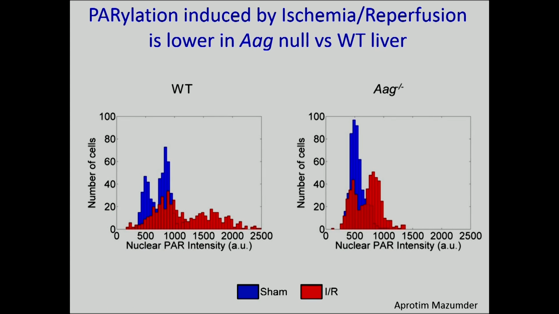And in fact, if we plot this a different way, looking cell by cell, it's clear even in the repair deficient, you have some PAR polymers being made in the nucleus. This is intensity in the nucleus, but in the wild type, you have much more intense generation of these polymers.